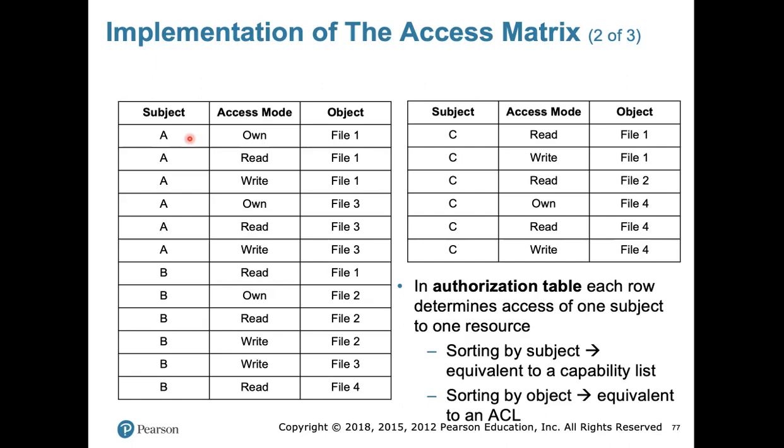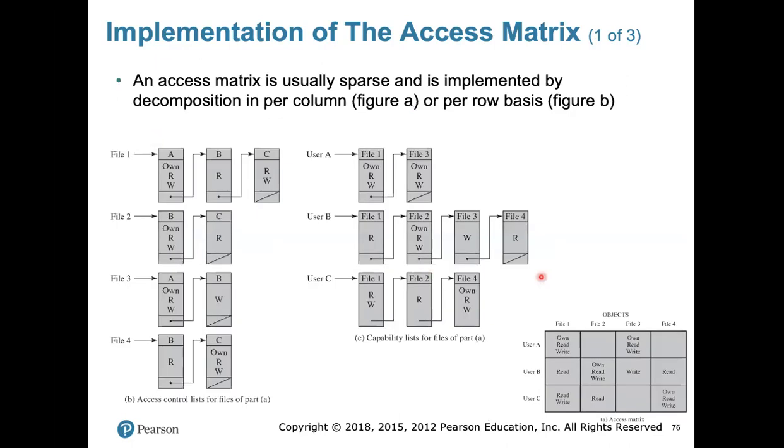N is the number of objects, and m is the number of subjects. But here we are implementing it in a table format. Basically, the table says wherever in this matrix you have a cell which is not empty, you need to have a row for that specific cell.